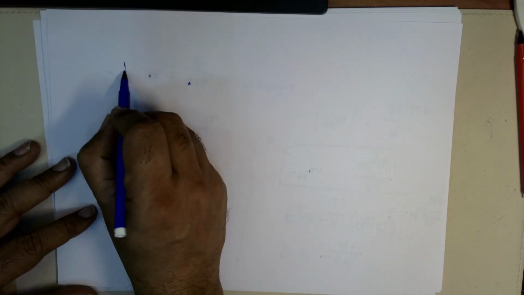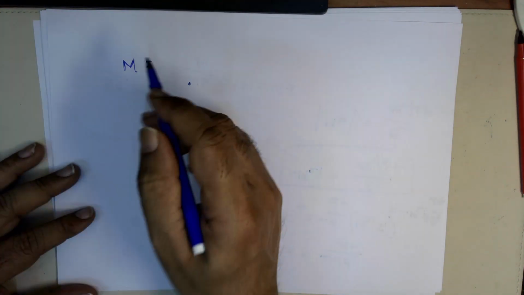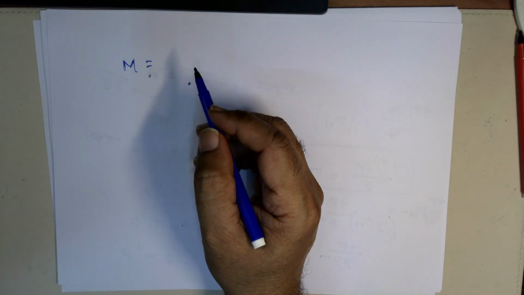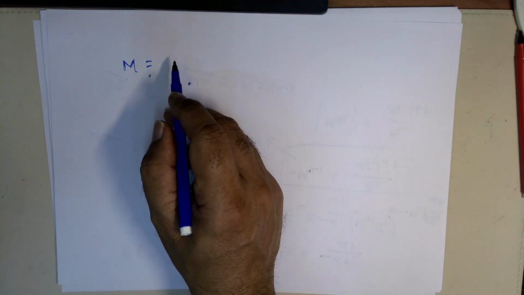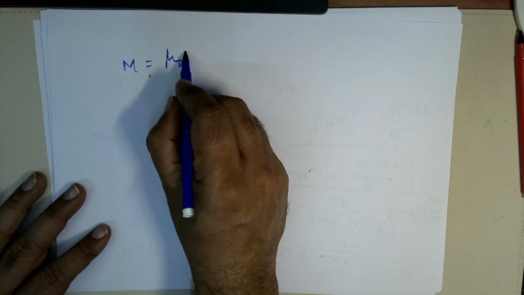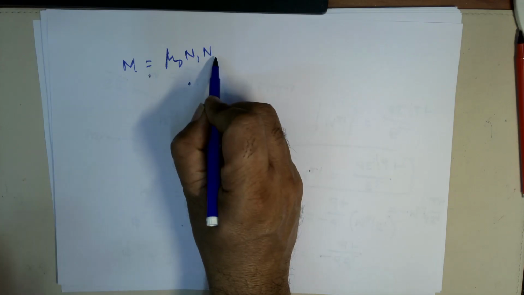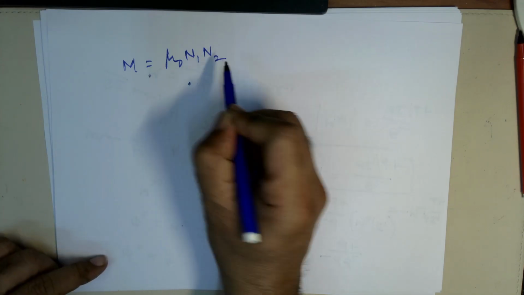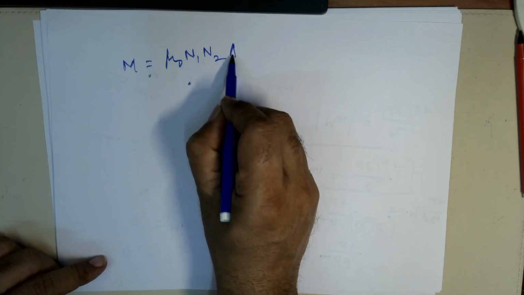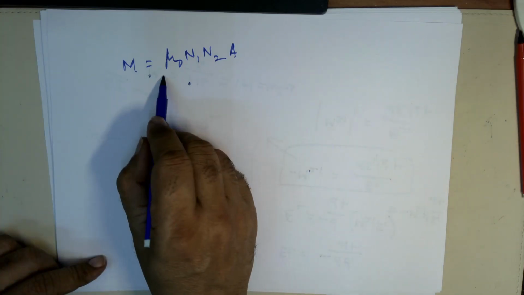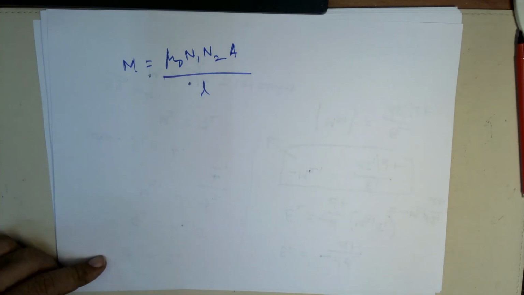Similarly, this mutual inductance can be based on the number of turns of the coil. Not only one coil, you have got two coils, and it is based on the permeability. I mean, the permeability is also very important. So N1, instead of one number of turns, you have got two numbers of turns. So number of turns in the primary coil, number of turns in the secondary coil, into the area enclosed by the coil, divided by the length of the solenoid, or length of the coil.